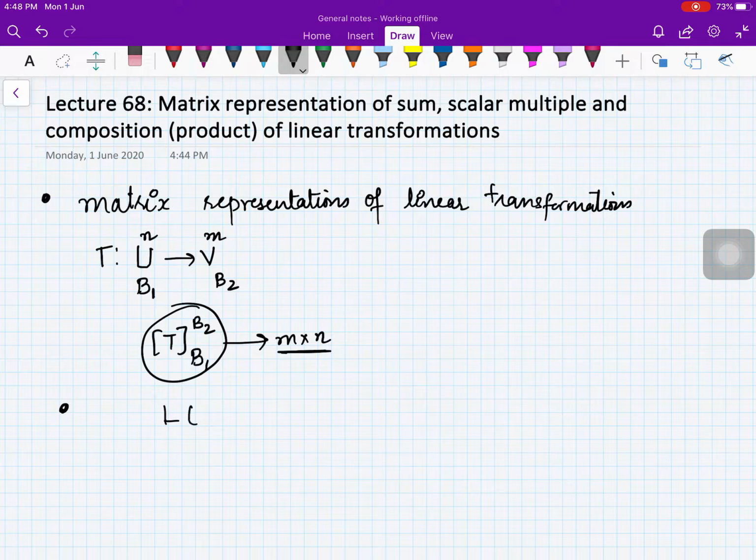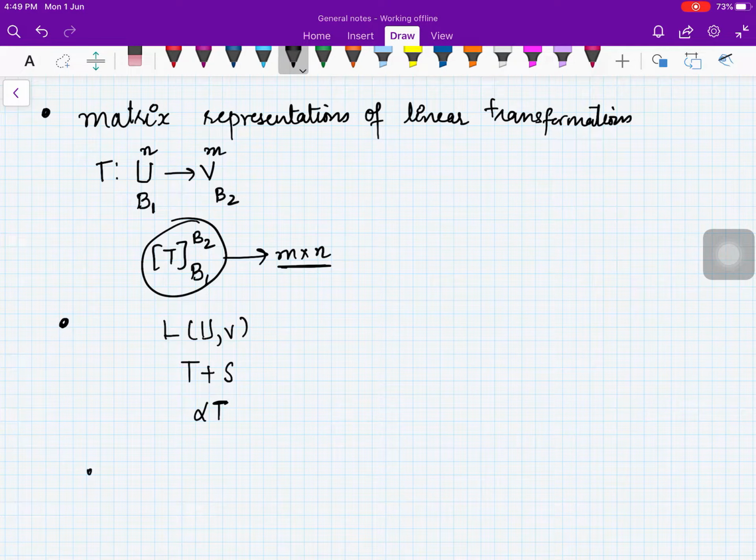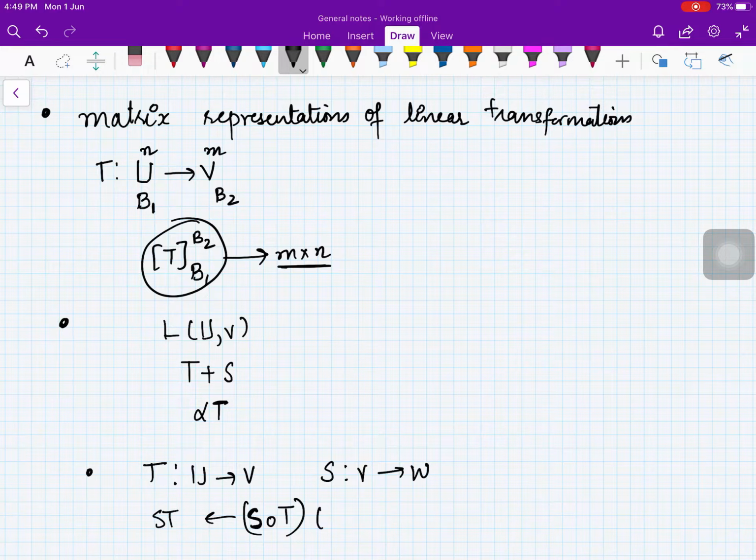Now see, we had discussed the space of all linear transformations from U to V, and in this space we had defined the sum of two linear transformations. We had defined the scalar multiple of a transformation. Then we also said that if you have a map T from U to V and another map S from V to W, then there is something called S o T, or we also call it ST, which is defined as S of T of u.